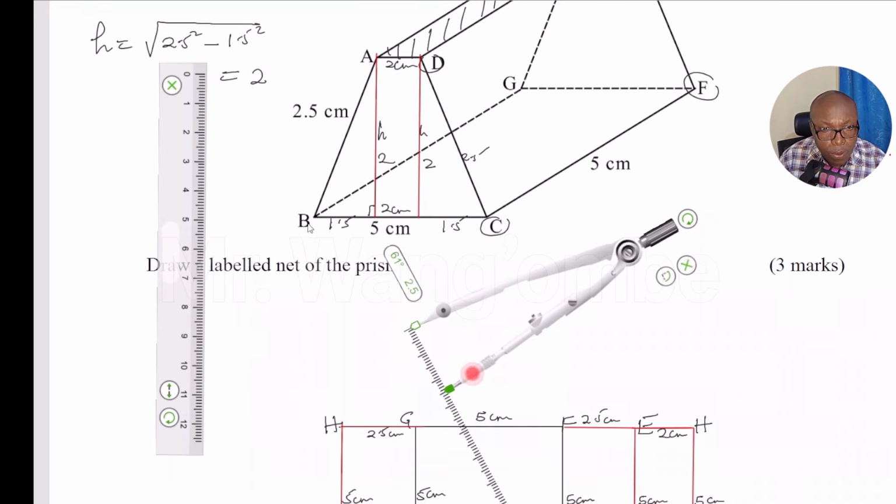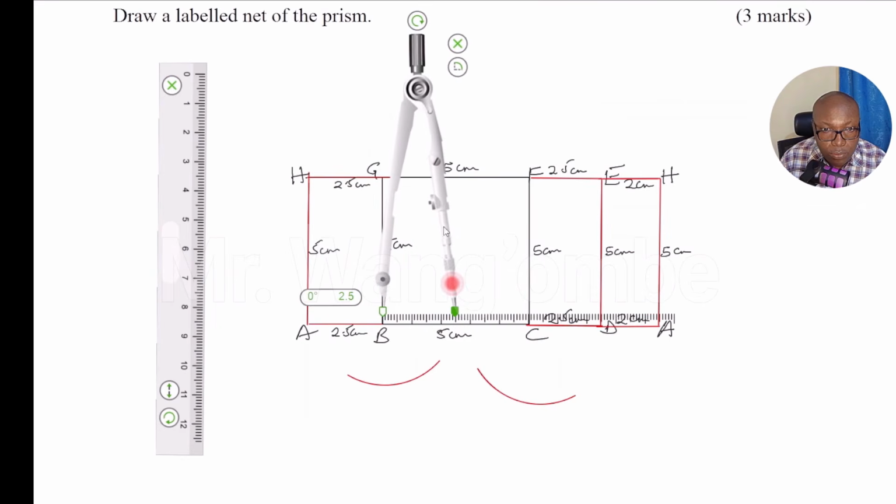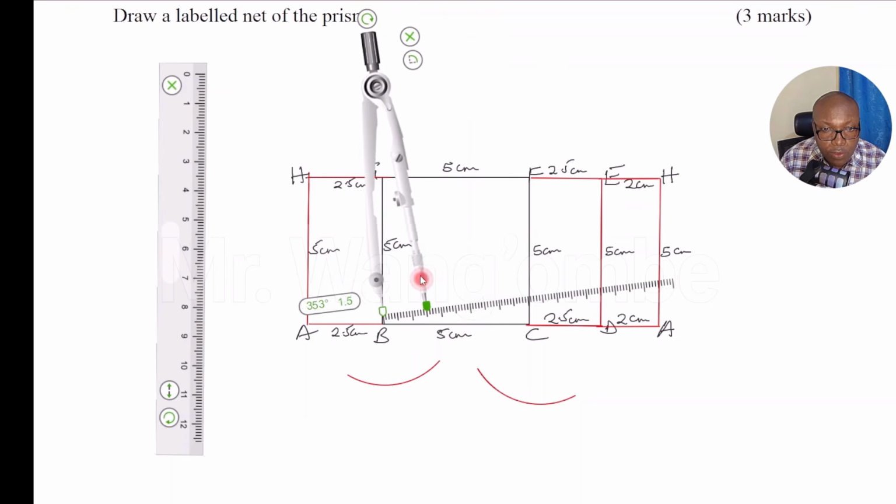So look at BC. We need to take a measurement of 1.5 from B, and then 1.5 from C. So standing at B, we take a measurement of 1.5. There it is, 1.5, mark an arc.